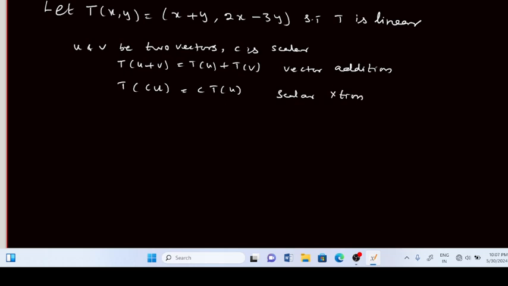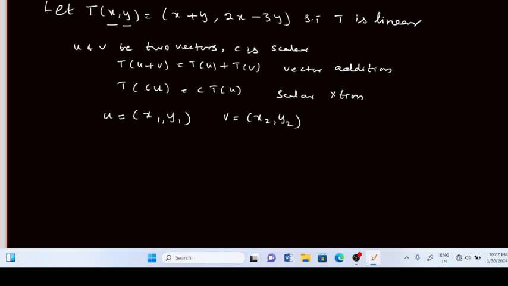So here, on the left-hand side in the question, x and y are given. We must consider the two elements while considering u and v, since u and v are vectors. Let us consider u as (x1, y1), so we have two elements, x1 and y1, and v is (x2, y2).